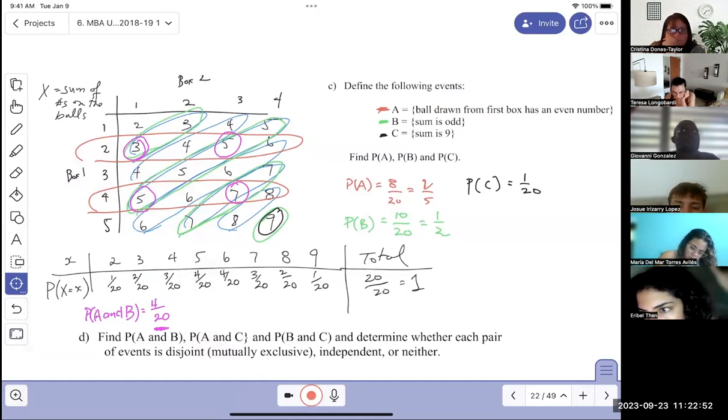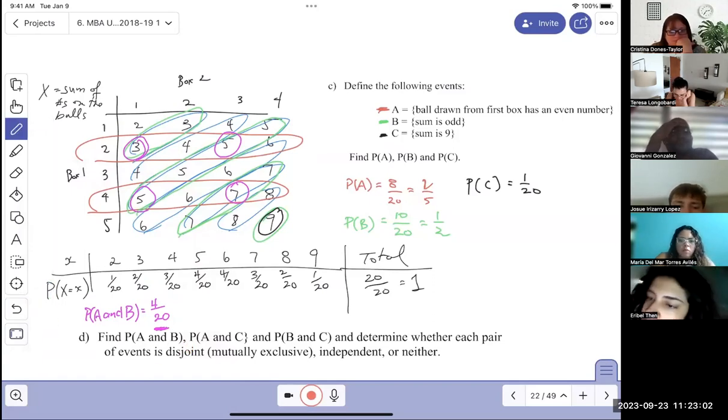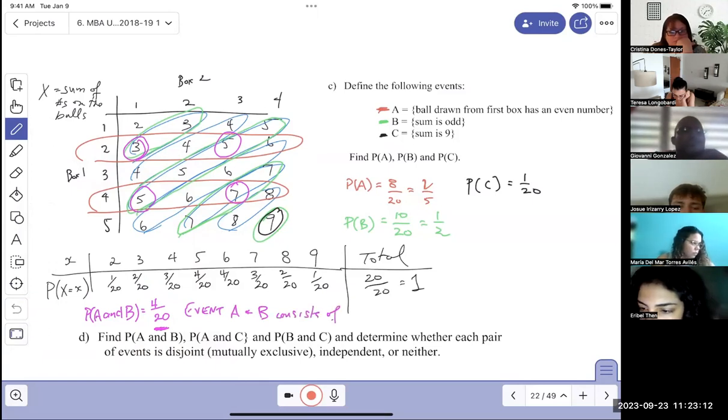Yeah, so here I presented the probability that I was asked for, but if they asked, show me the event A and B, or I can make a sample space for A and B.